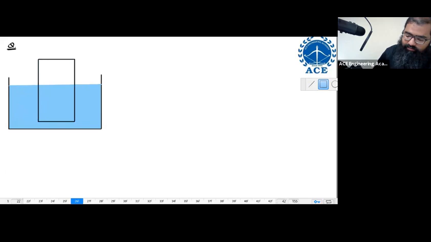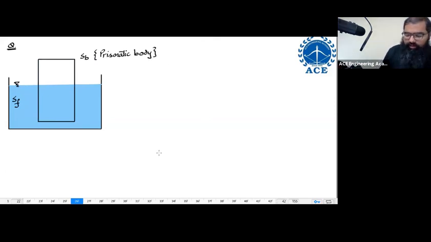Let us say the fluid over here has a property SF. The body has a property SB. This is a prismatic body.